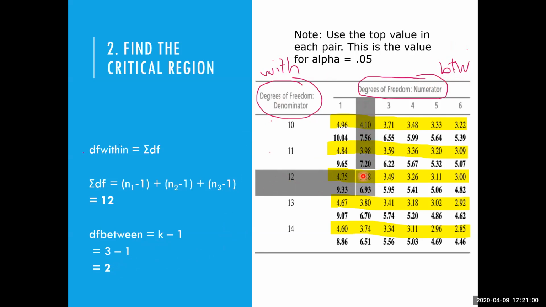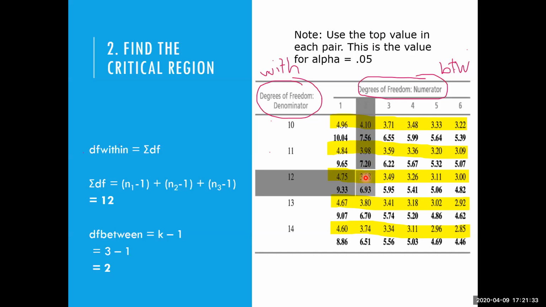There are 2 values. Now, on your F table, you should see that the value in bold at the bottom is when you set the alpha at 0.01. The value at the top is when you set the alpha at 0.05. And unfortunately, sometimes when the F table gets printed out or copied, it doesn't actually show the boldface versus the lightface type.